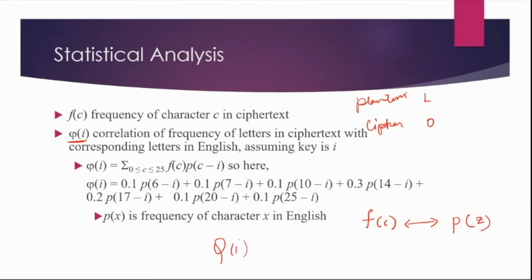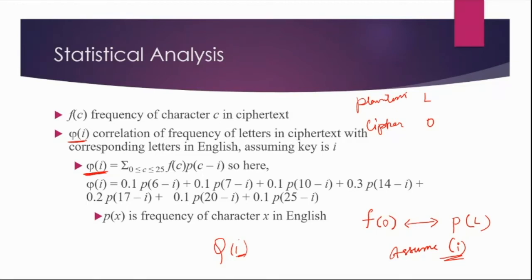Phi I is telling me the correlation between the frequency of letter O in ciphertext with the frequency of letter L in English, assuming that I is the key. You have to assume that the key that you are using is I. Are you getting my point? So you have to somehow calculate the value of the correlation between these frequencies.